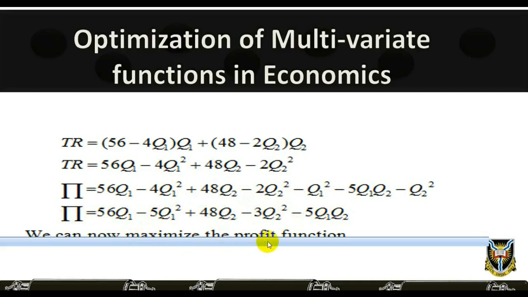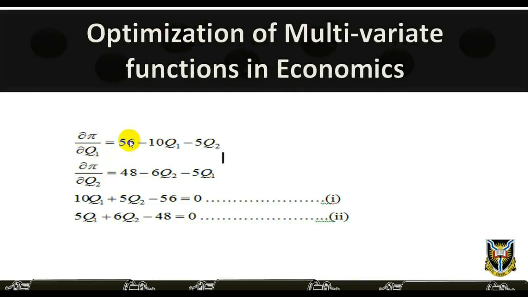We can now maximize the profit function. d pi by dQ1 equals 56 minus 10Q1 minus 5Q2. d pi by dQ2 equals 48 minus 6Q2 minus 5Q1. 10Q1 plus 5Q2 minus 56 equals 0, equation 1. 5Q1 plus 6Q2 minus 48 equals 0 as equation 2.